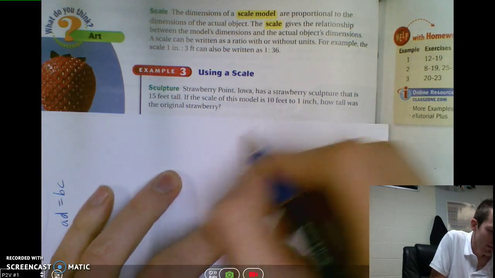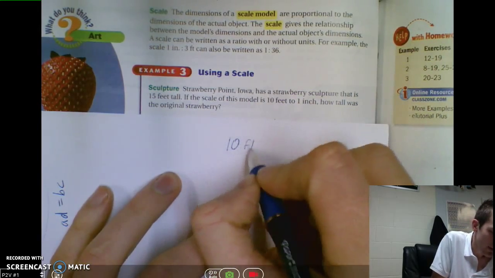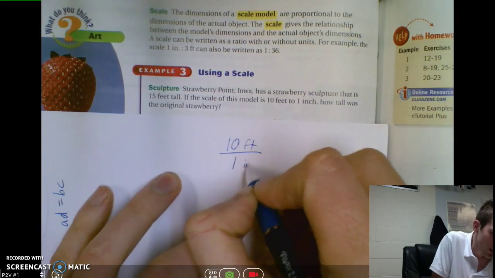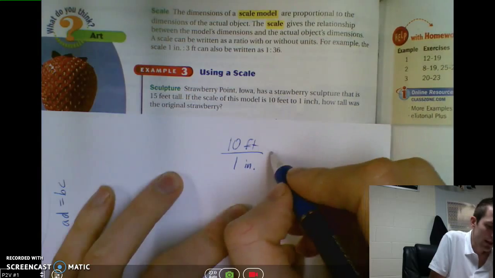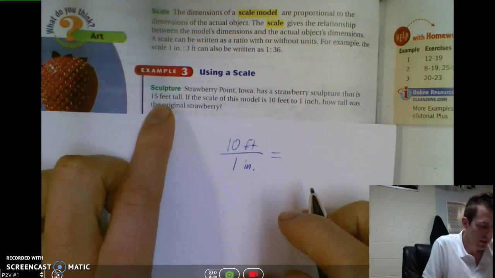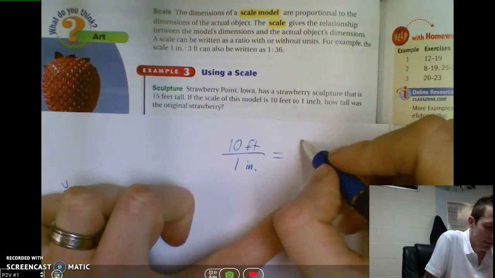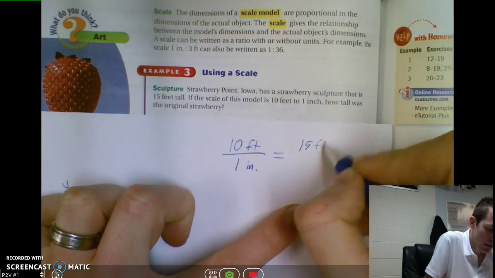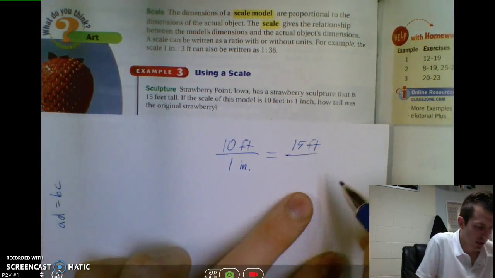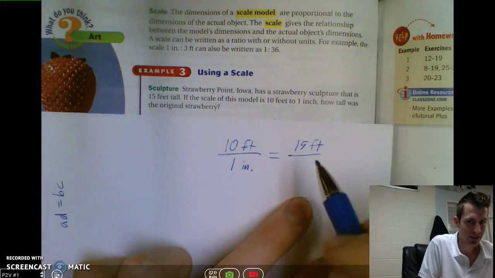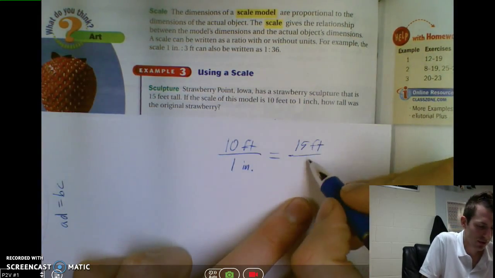So the scale is 10 feet to 1 inch. That scale, that ratio, is the same as 15 feet to, and what we want to know is how many inches tall was the original strawberry.